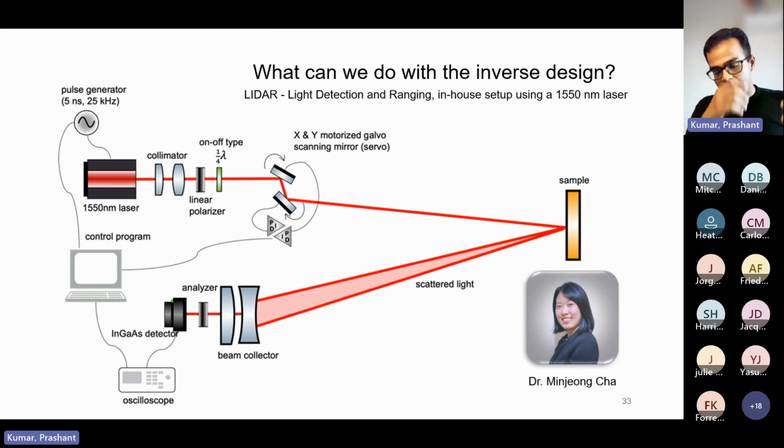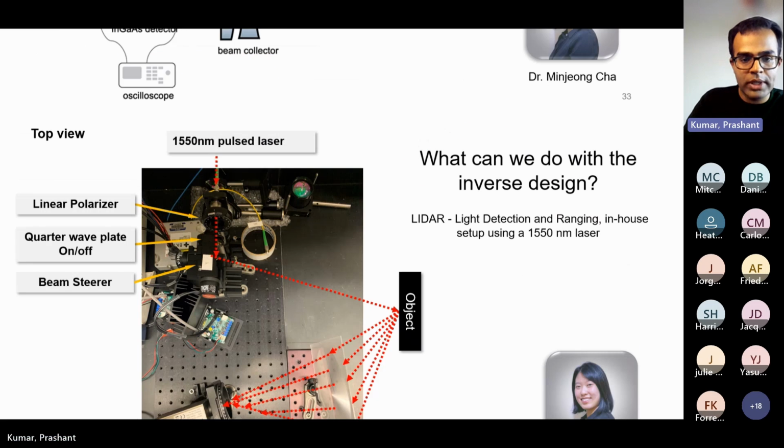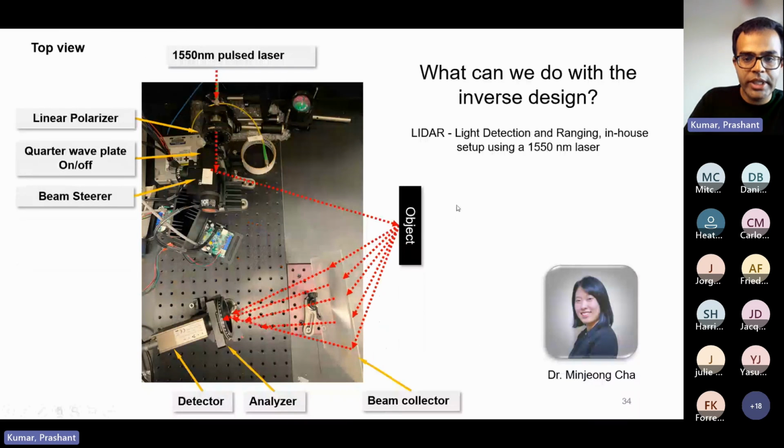And for that, Minjong Cha in our lab developed this LIDAR system where we had a 1550 nanometer laser, which was circularly polarized light, and our coatings were placed somewhere here. And then we look at the reflected signal when the circularly polarized light hits this sample. This is what the setup actually looks like, and the object is placed here.